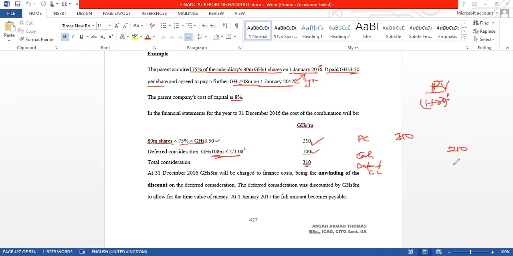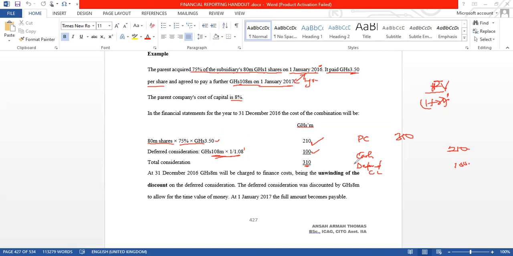So when you do your SOFP, cash needs to be affected, and this current liability also needs to be affected, unless they tell you that any of them has been recorded already. Take note of that.